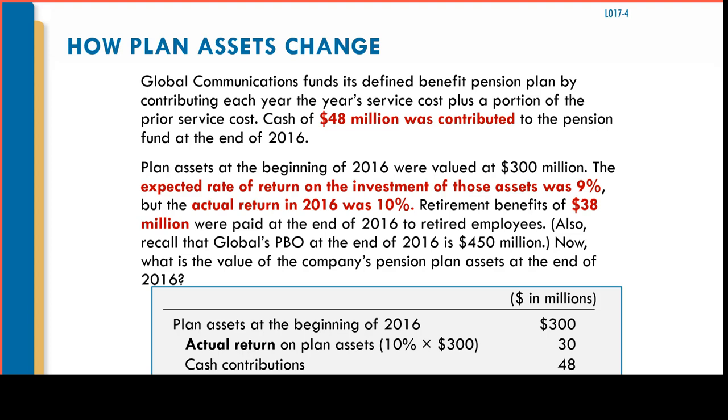Now, the astute of you out there are going to say, but 1% of it is from something that we did not expect, and therefore 1% of the 300, when you did a journal entry, that 1% technically needs to go to OCI.